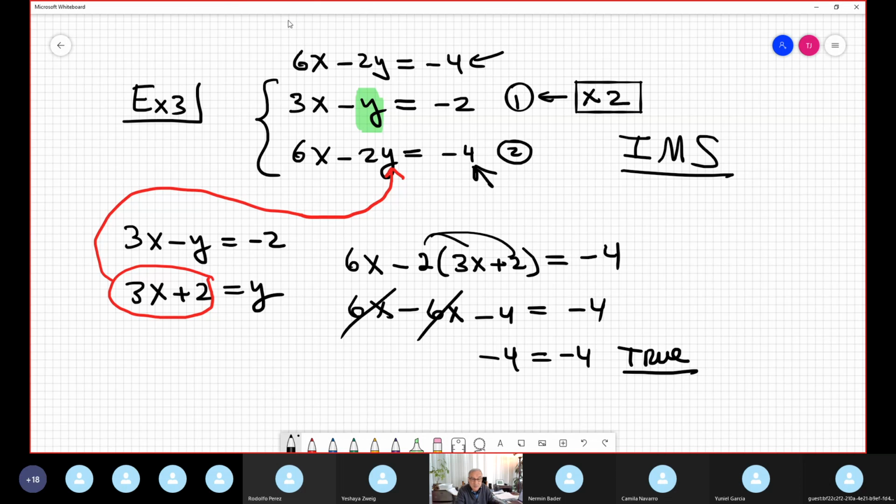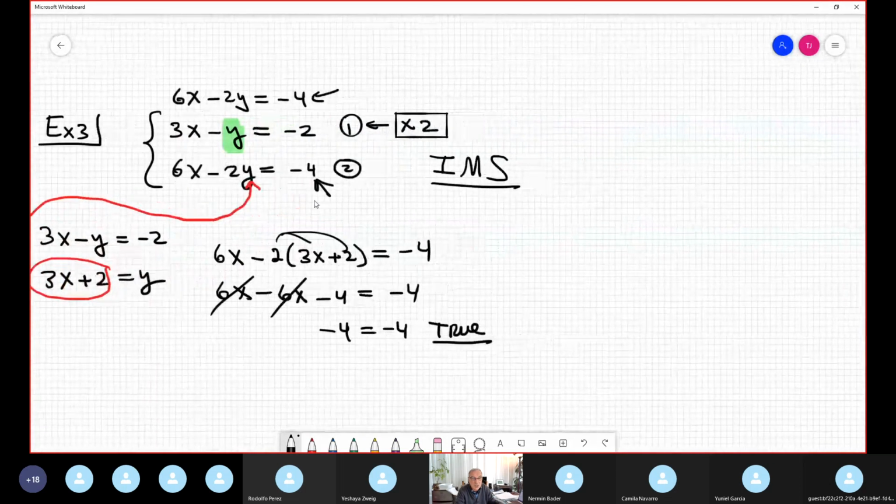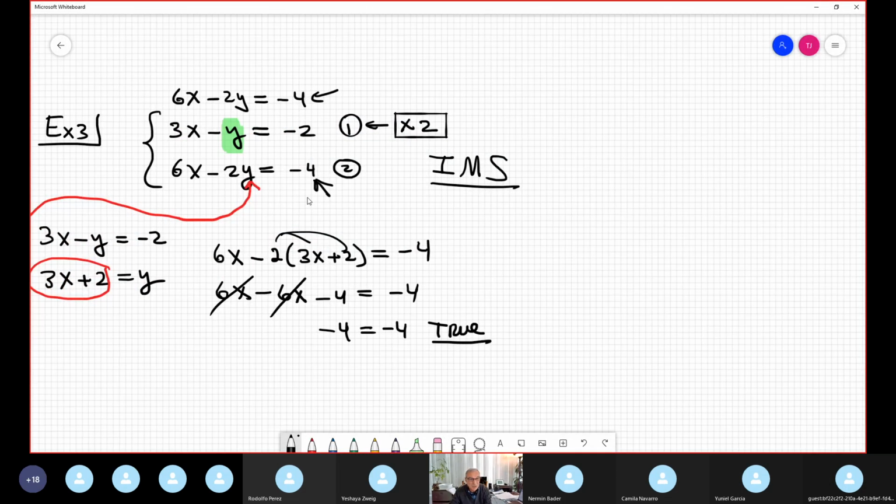Okay. See, for example, you take equation 1 and you solve for y. You copy 3x minus y equal -2. You solve for y: 3x plus 2 equal y. I did that part before. Okay, nice.